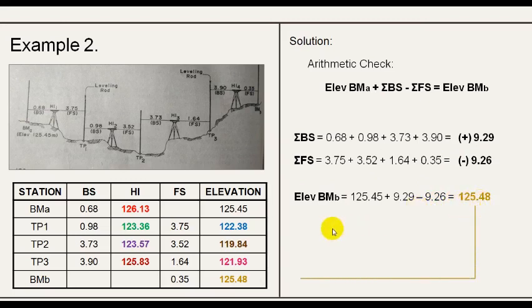So it is the same as our computed value for BMB. With this, we confirm that our computed heights of instrument as well as the elevations of the stations are correct.